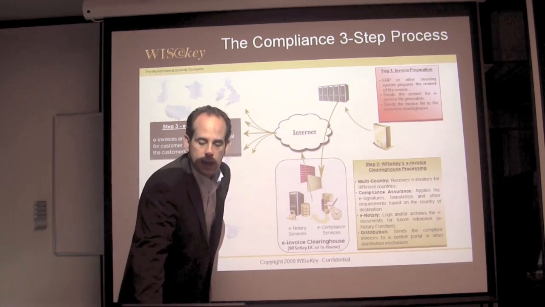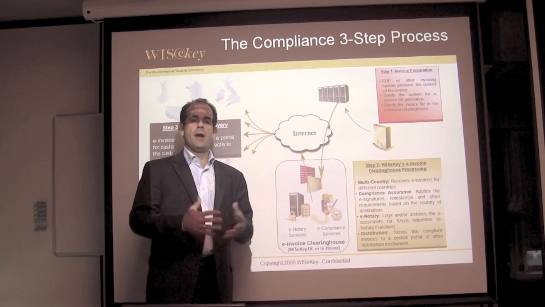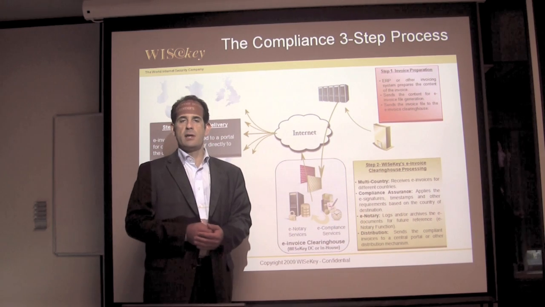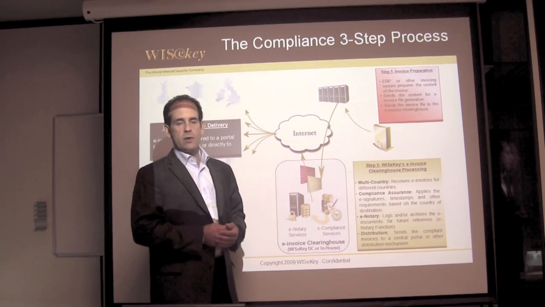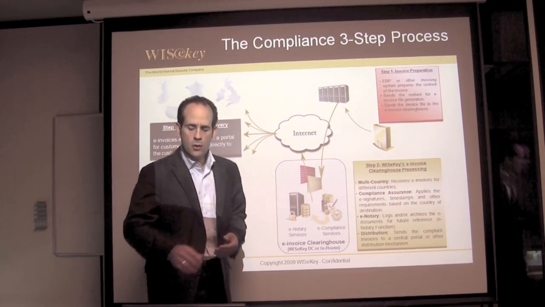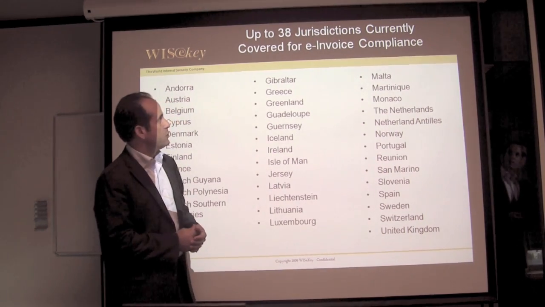This has solved some very big issues, because even in the European Union, where apparently electronic invoicing value-added tax regulations are uniform because of the e-invoicing directive, the reality on the ground is that it's very different country by country. And we've gone even beyond that. We're now covering up to 38 jurisdictions.